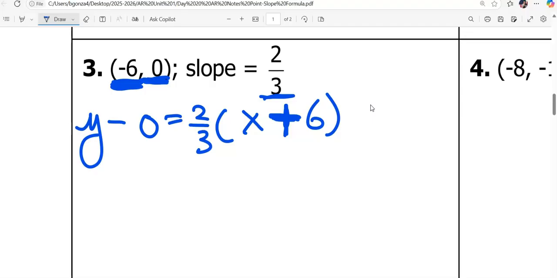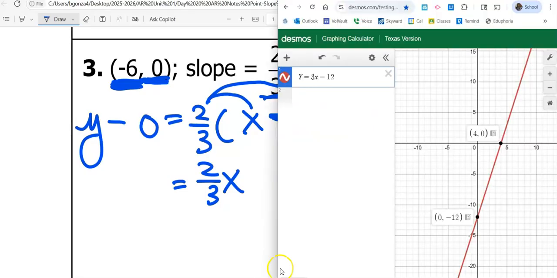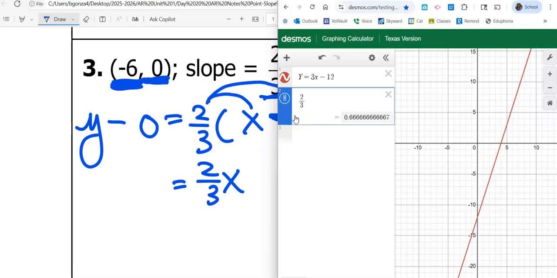Remember last time we just did this, like 1 minute ago? You distribute first. 2/3 times x is what? 2/3 x. You just stick them next to each other. That's easy. Too easy. But now this is where people get confused. 2/3 times 6. Just use Desmos if you're not sure, okay?